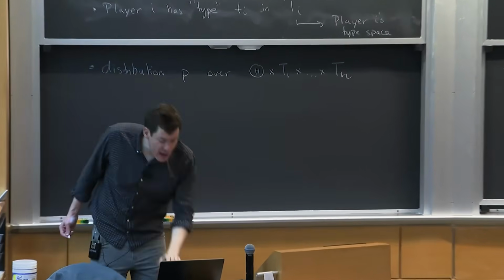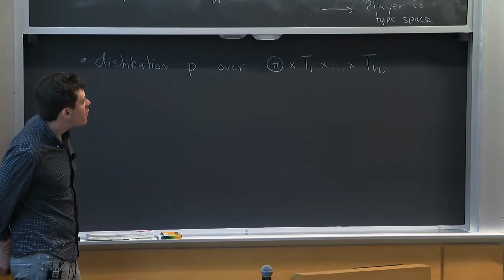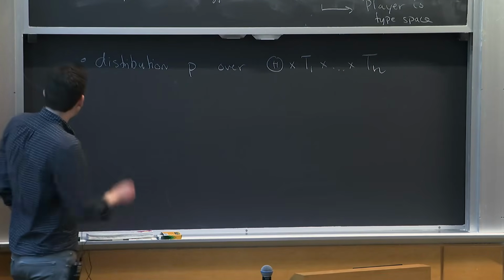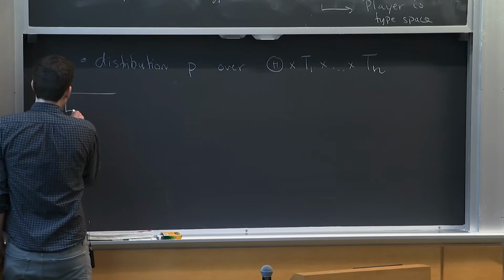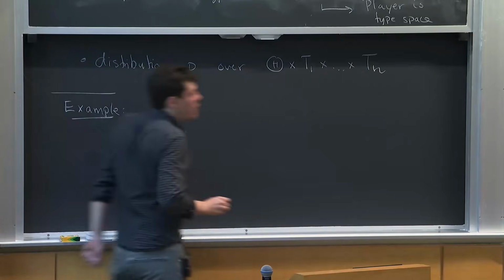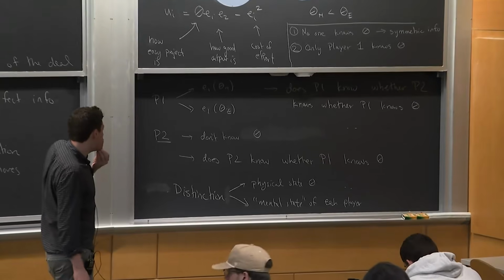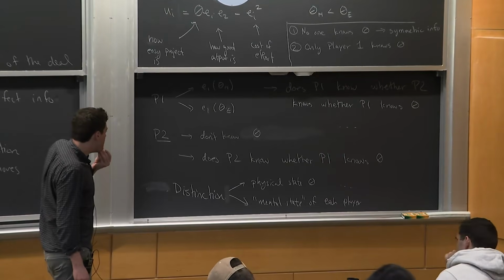I think this is a bit abstract, so let's try to go through our example. Let's try to capture this in our example, where I didn't specify everything. Let's say, does player 2 know whether player 1 knows theta?